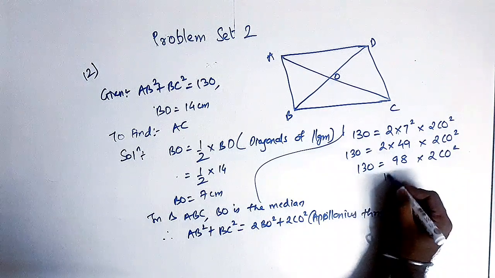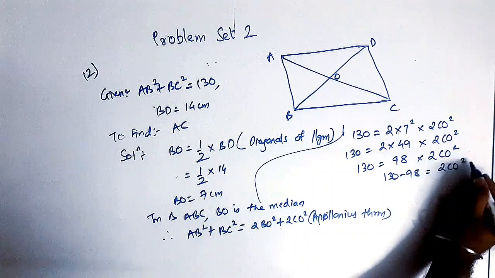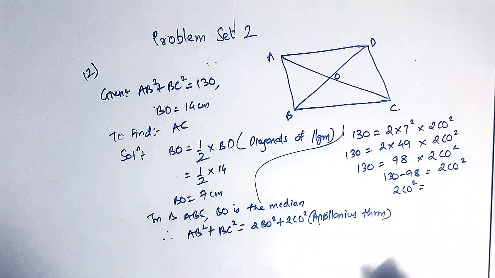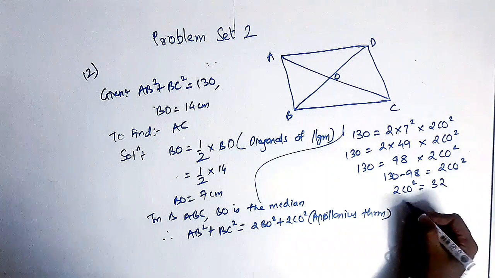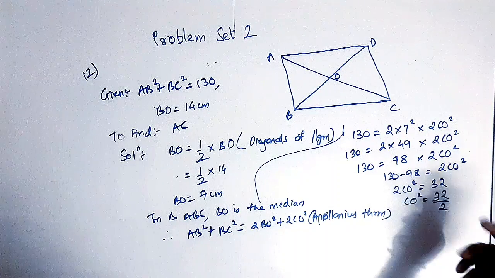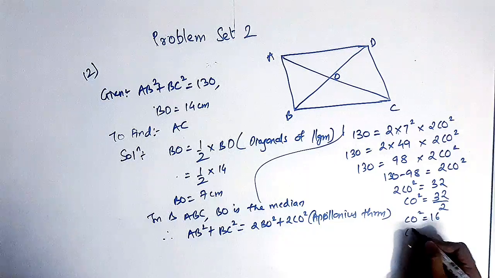This will move here and get subtracted. 2CO square, 130 minus 98, what is it? I think 32, yes. So CO square becomes 32 upon 2, so CO square is equal to 16.